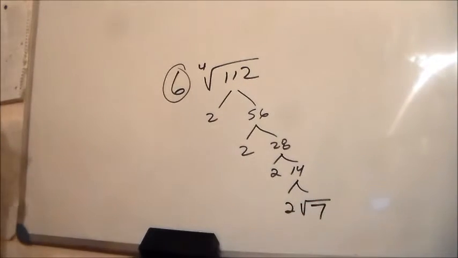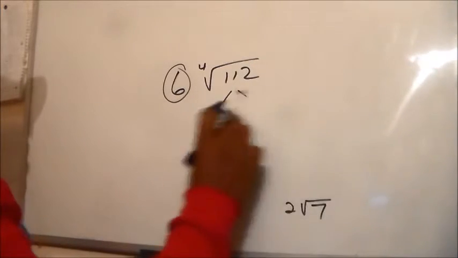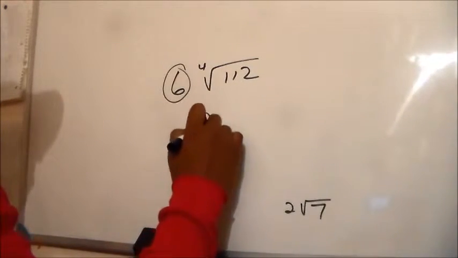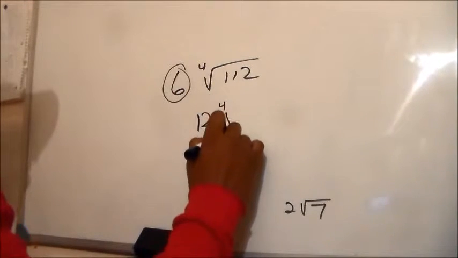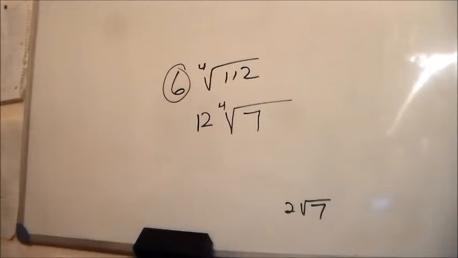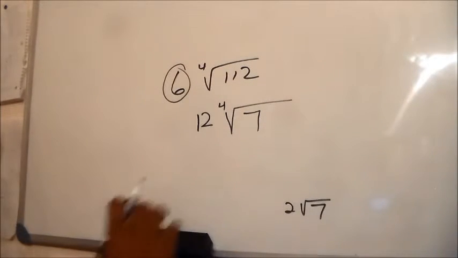This is basically our answer: 2 root 7. But it ain't our final answer because we still have to deal with the 6 out here. So 12 fourth root 7 is our final answer.